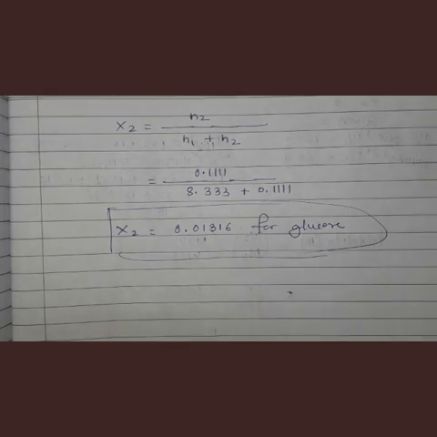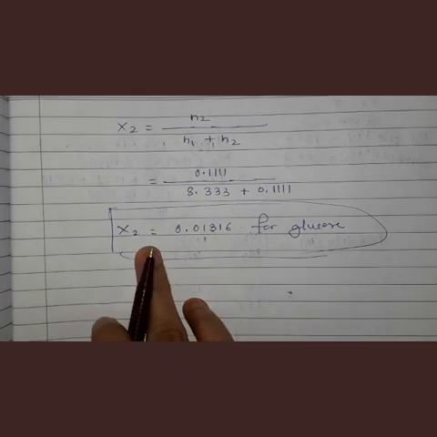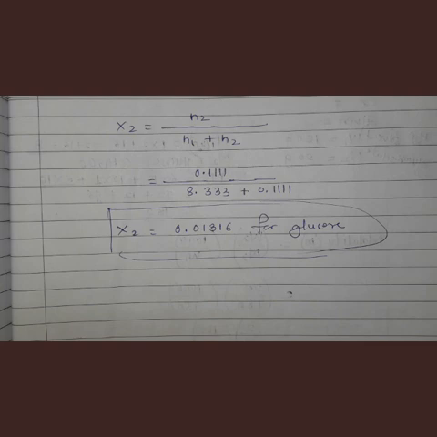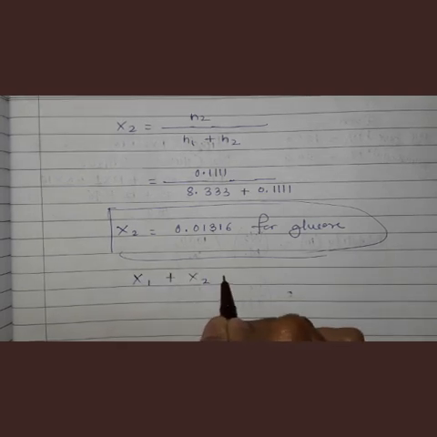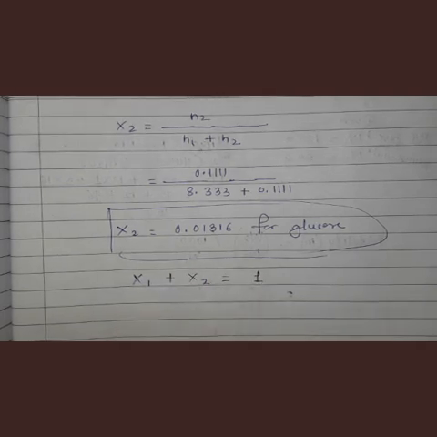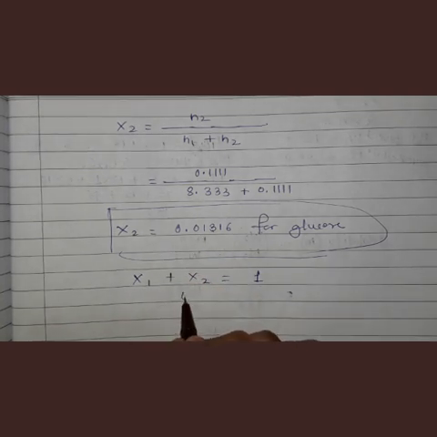And from this, if you have to find X1, the mole fraction of solvent, water, how will you find it? We know that X1 plus X2 is equal to 1. We know X2 is 0.01316.